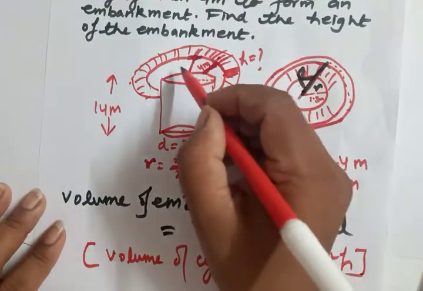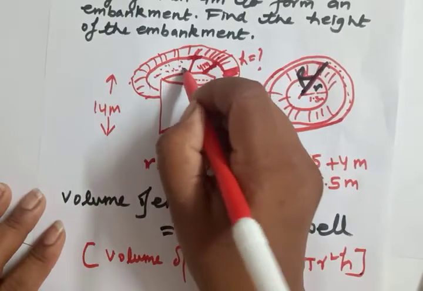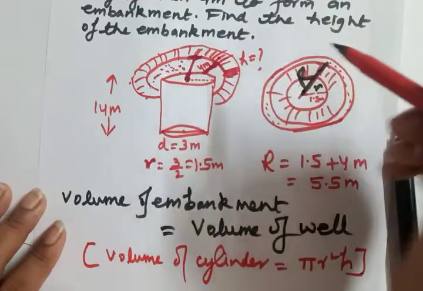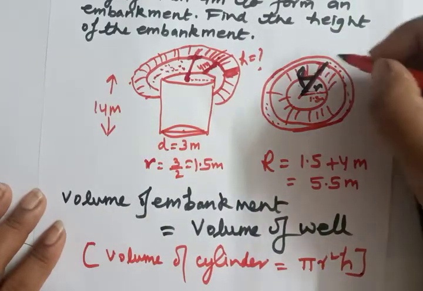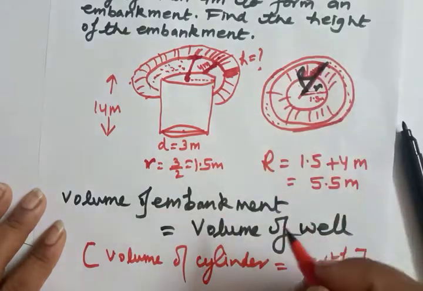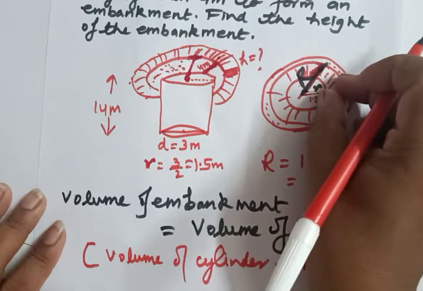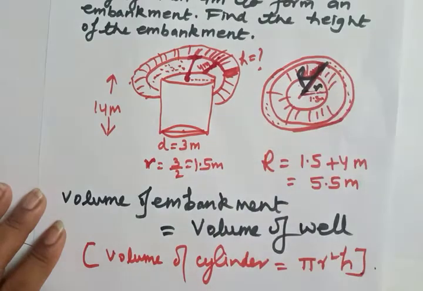We need to find out this only, the dotted one, which has a radius capital R minus small r. This is the embankment, so when we talk about the radius, it is capital R minus small r.